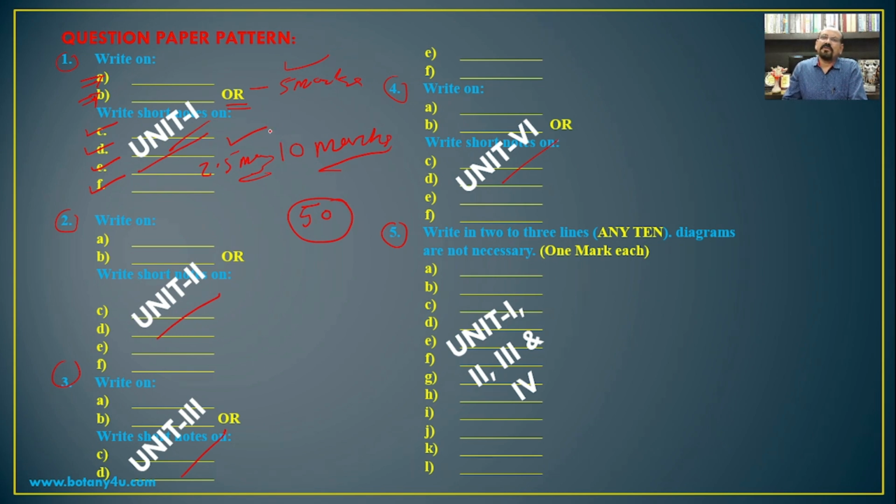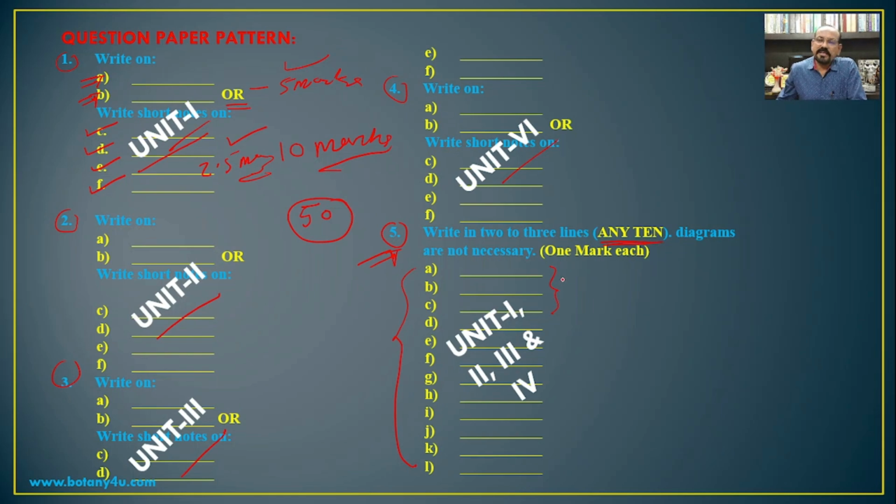While the 5th question contains 12 different notes, 3 from each unit, that is the first 3 from the first unit, the second 3 from the second unit, the third 3 from the third unit and the last 3 from the 4th unit. You have to attempt any 10 out of these 12.